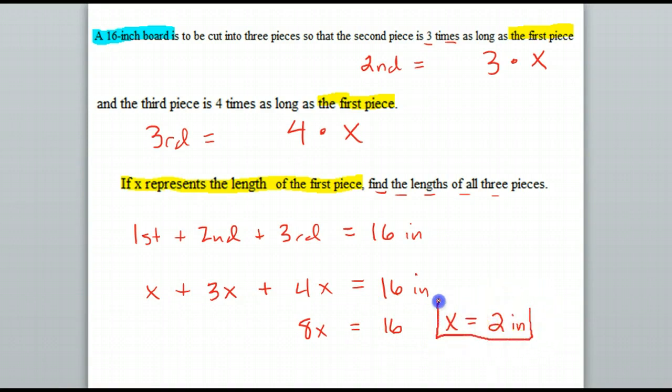Alright, and what did I just find? X is the length of the first piece. So that's the first piece. But we have to find all 3. You've got to make sure that you're answering the question asked. So we have to find all 3 pieces. Well, the first is 2 inches. The second is 3 times that, so the second is going to be 6 inches.